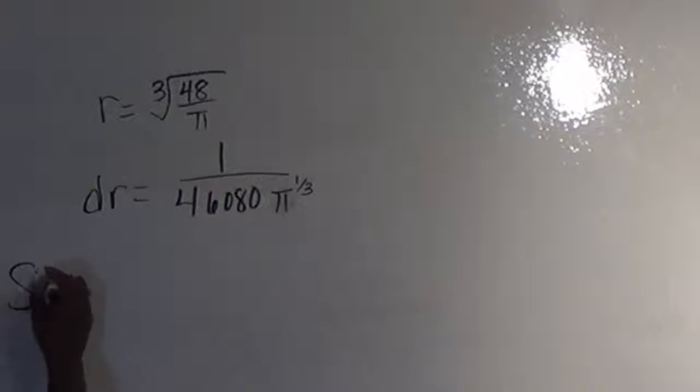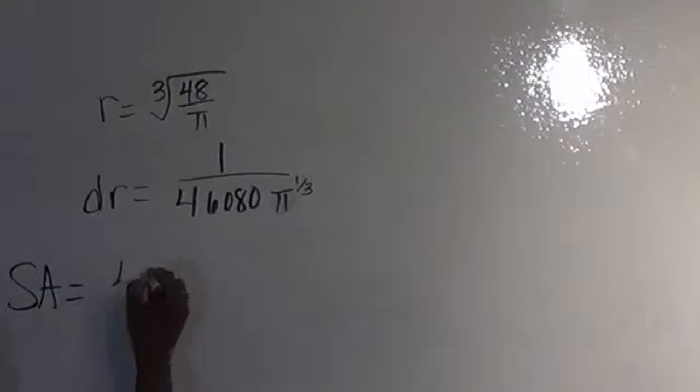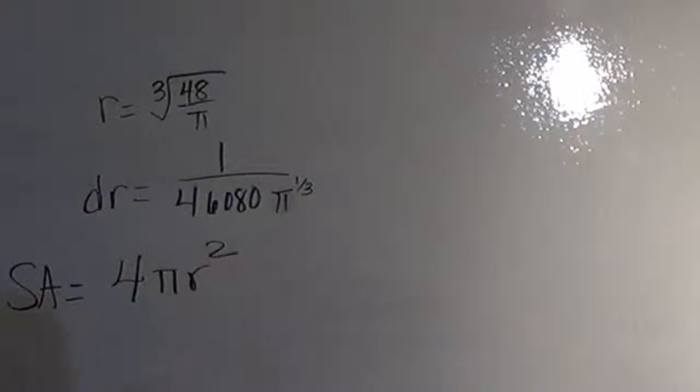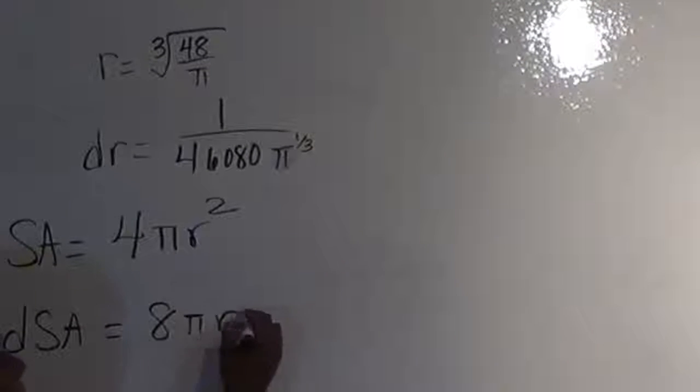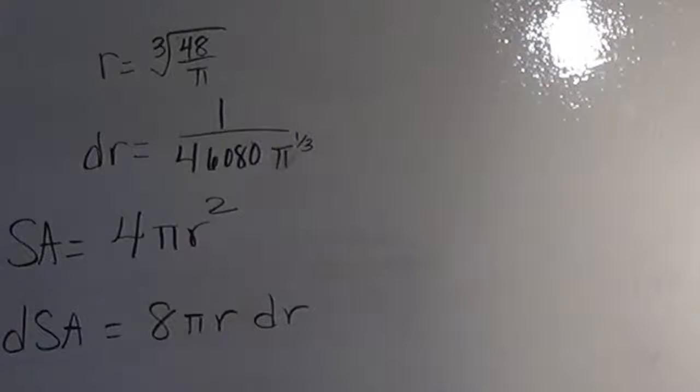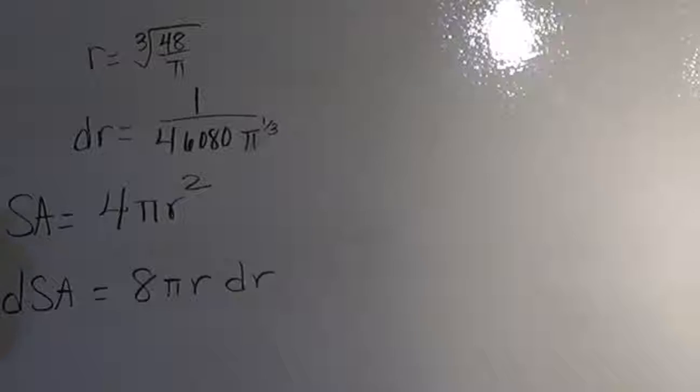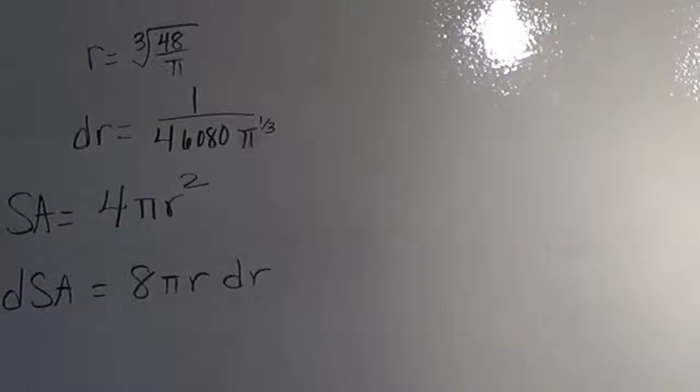Our surface area, well, we didn't put that formula up there, but that's 4 pi r squared. If we want the error in the surface area, that means I'm going to look at the differential. So again, take my derivative, attach on the one I'm taking it with respect to. So 8 pi r dr, and then it's just a matter of plugging in again.